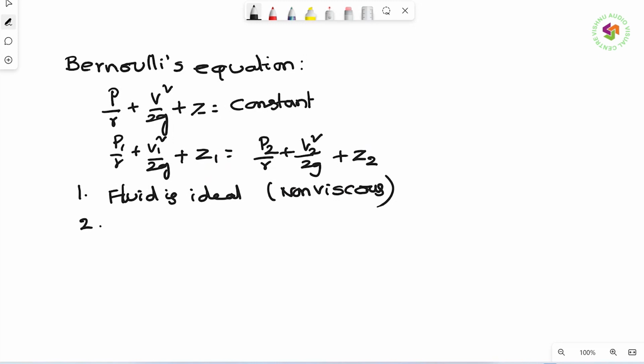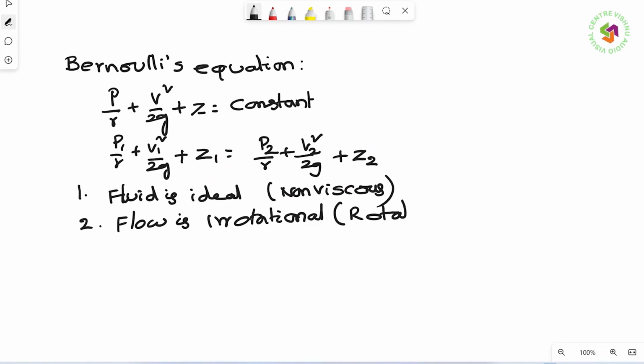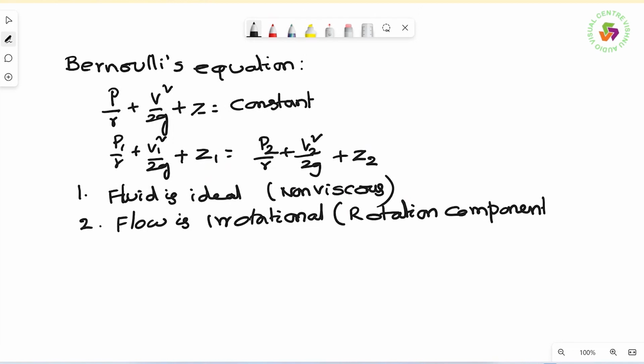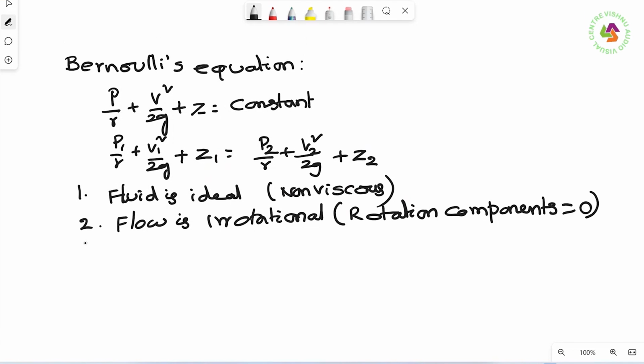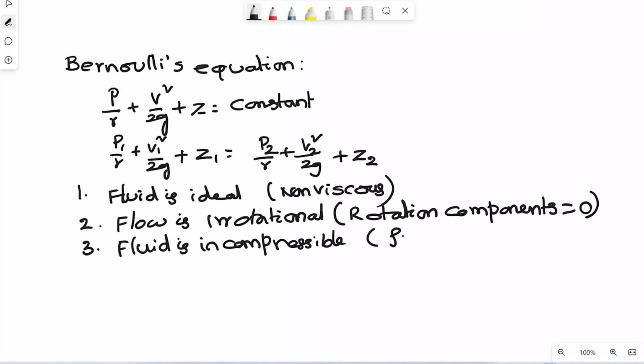The second one is that the flow is irrotational, that means rotation components are zero. Then the third one is that the fluid is incompressible, rho is equal to constant.